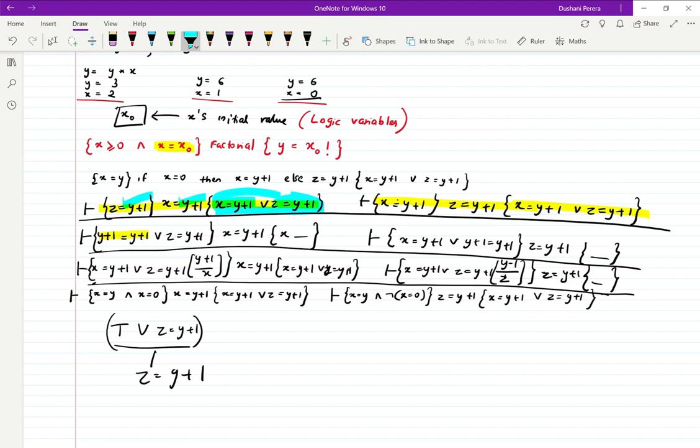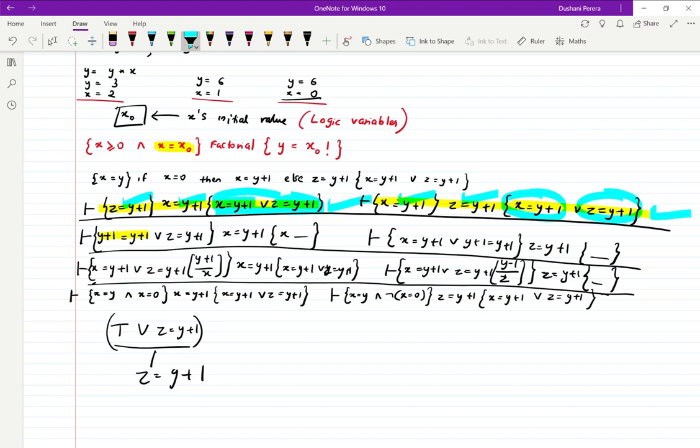And then looking at the second Hoare triple, initially we have this and then we have this, so the state that comes after the execution satisfies either the first part or the second part. So that is valid. So we can say that the question which is given in D is a valid Hoare triple because we get the validity like this.